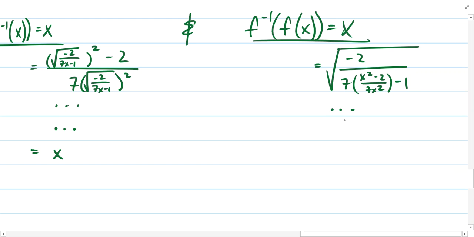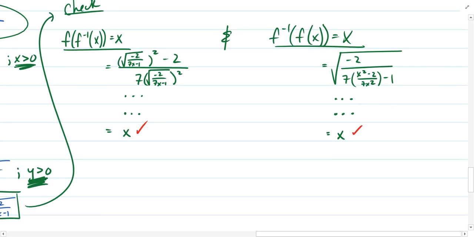And again, we'll perform the algebra steps necessary to combine like terms and isolate and simplify with the hopes that we end up equaling x. As long as both end up equaling x, then that would be sufficient to verify that we've identified the correct inverse function.